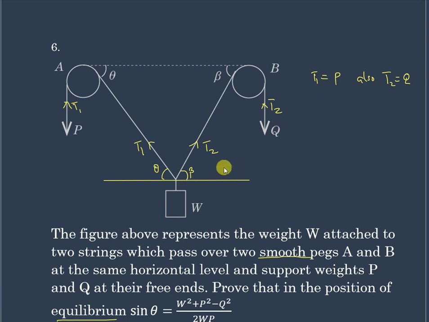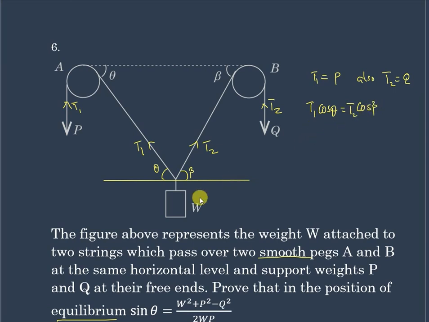Now we can look at the forces which are exerted on the weight. Horizontally, you are supposed to write that, resolving horizontally, before you write this statement. So resolving horizontally, we have T1 times the cosine of theta is equal to T2 times the cosine of beta.